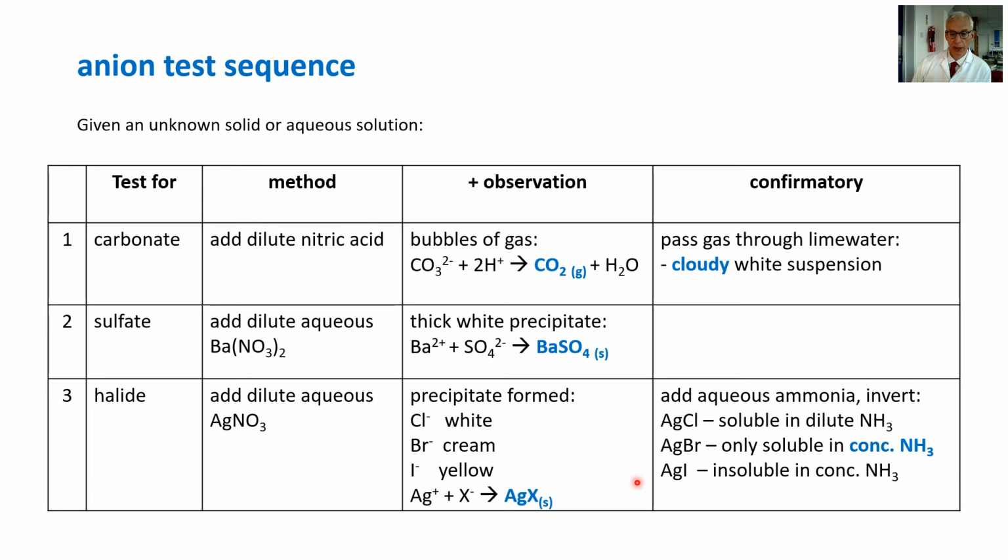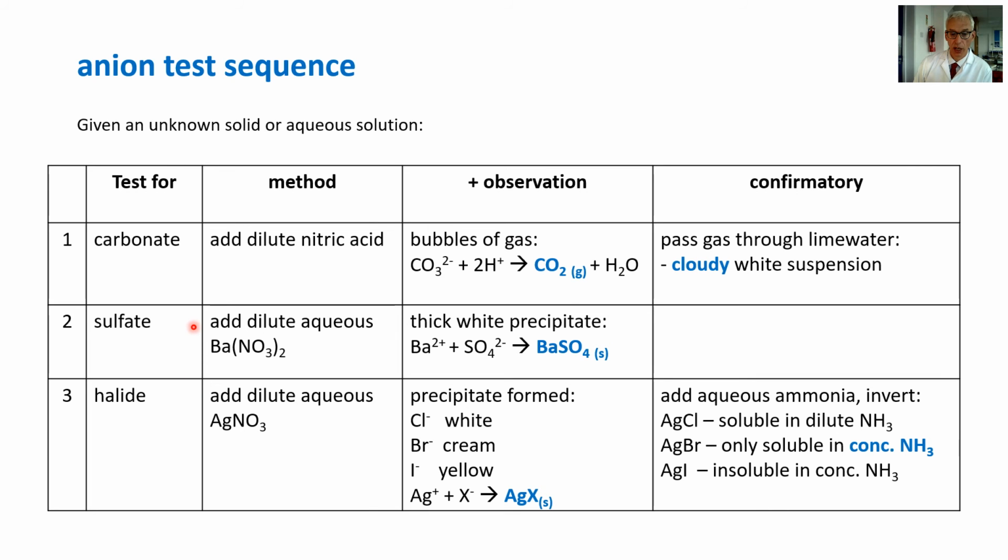Those methods and observations, including the ionic equations and the confirmatory tests, need to be known. The sequence needs to be known. Test for the carbonate, test for the sulfate, test for the halide. If you are omitting the first two tests, then you must precede the addition of dilute aqueous silver nitrate with drops of nitric acid.